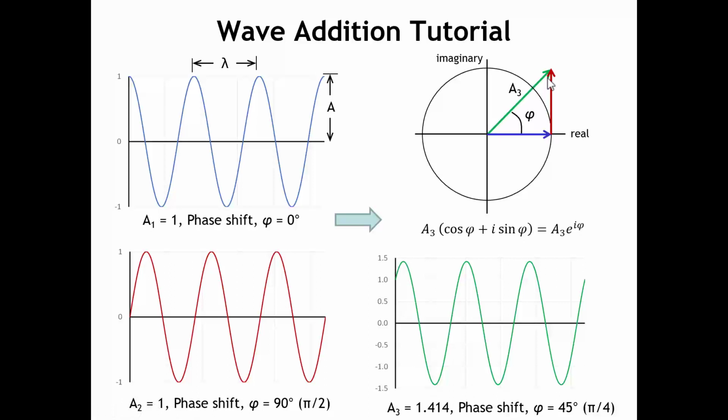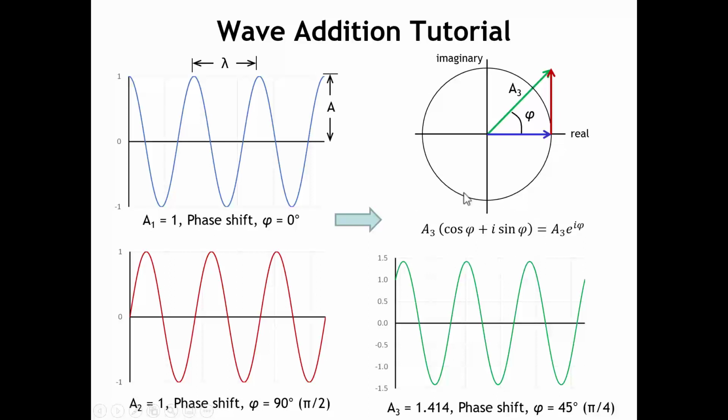Now we can write this in a couple of ways. We could write the amplitude times cosine of the angle phi. That's really going to give us the length of this horizontal axis of the triangle, plus i, the square root of -1, that's what makes it a complex number, times the sine of the phase shift phi. That's this leg of the triangle.